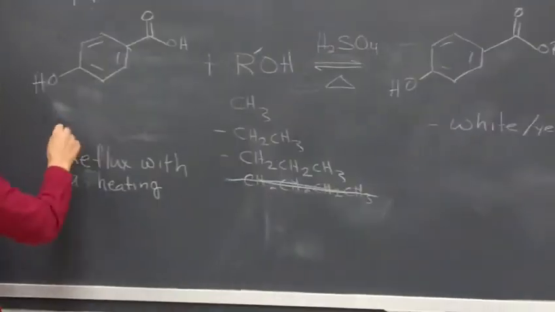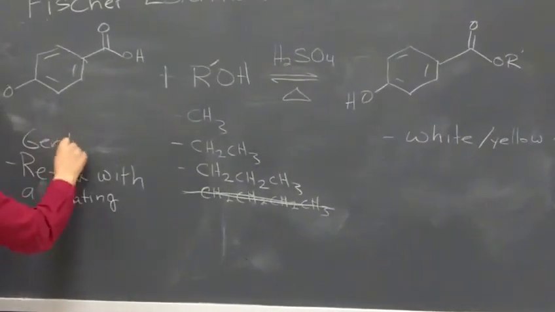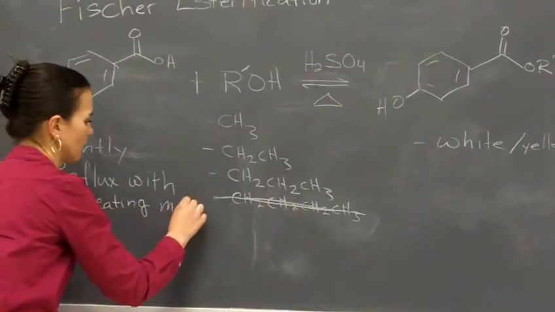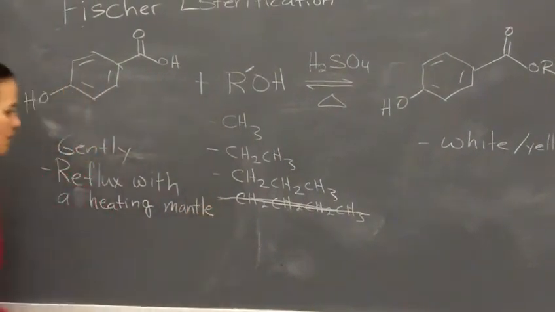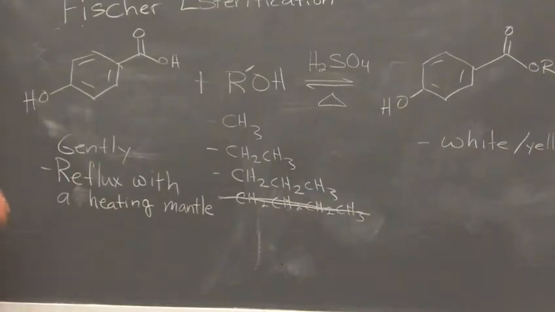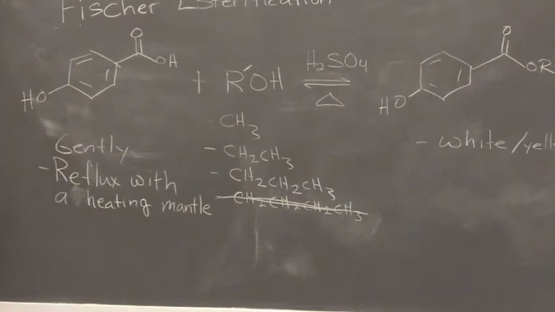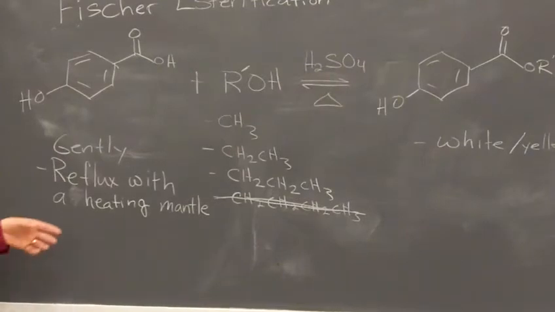So you want to gently reflux with a heating mantle. And those that have methanol, you're going to have to use a lower setting on your ohmite than ethanol and then propanol. Okay, so it depends on what alcohol you have as to how much you need to turn up your ohmite. But get it to where it's just refluxing. So we don't need just totally refluxing out of control. Just nice reflux.